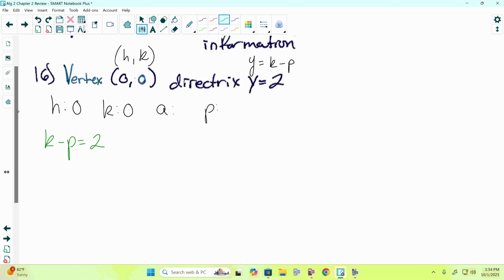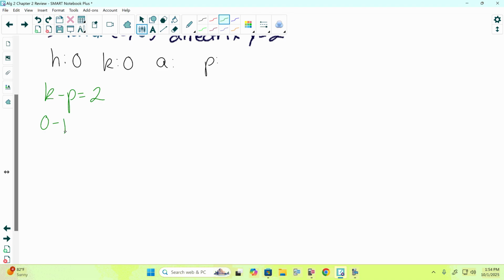Well, what's the value of k? 0. So we're saying 0 minus p is 2. Well, 0 minus p is just negative p. Now we do need p to be positive, so we would divide both sides by negative 1. Negative p divided by negative 1 is positive p. 2 divided by negative 1 is negative 2.